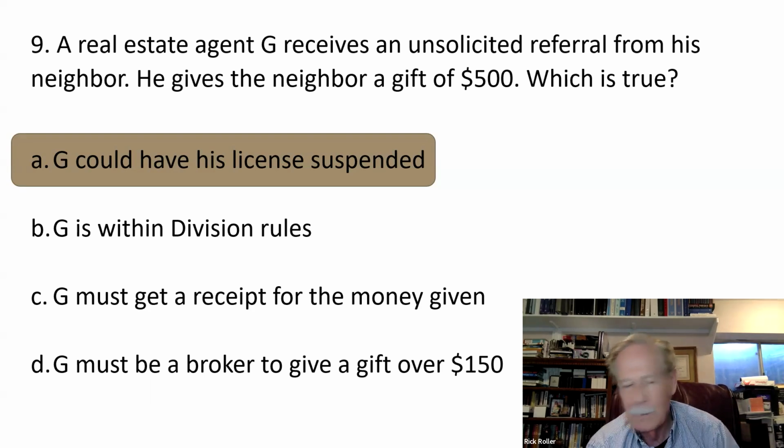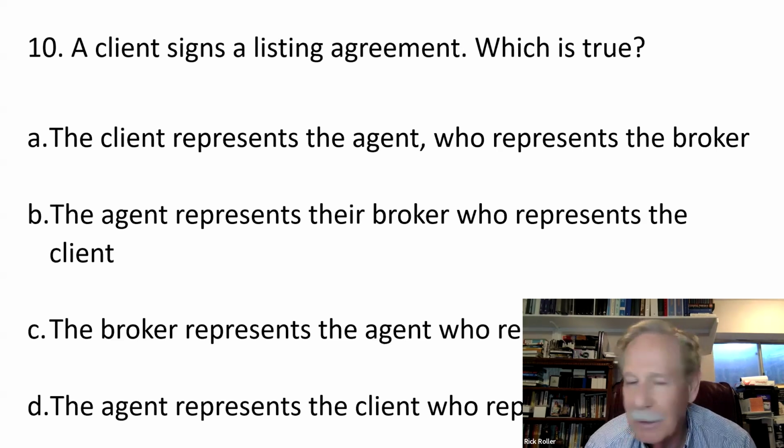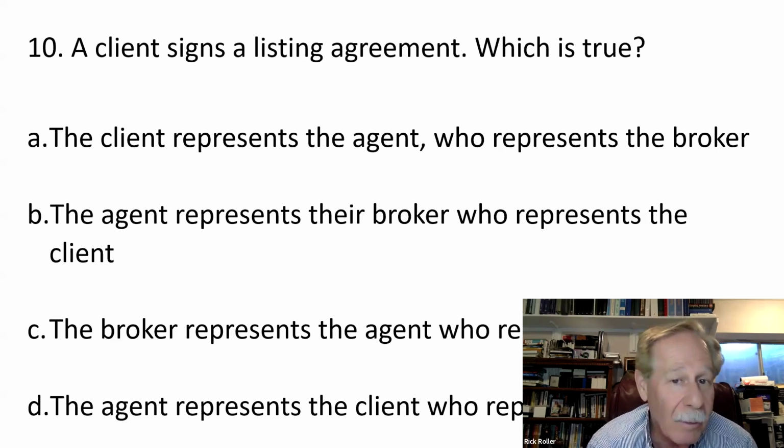And moving right along, let's go to number 10. Client signs a listing agreement, which is true. A, the client represents the agent who represents the broker. The client represents the agent? Well, that's not right. B, the agent represents their broker who represents the client. Kind of like that one.